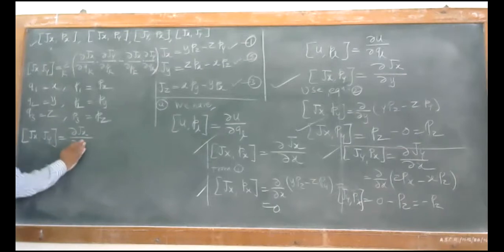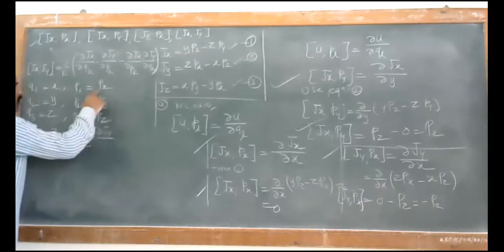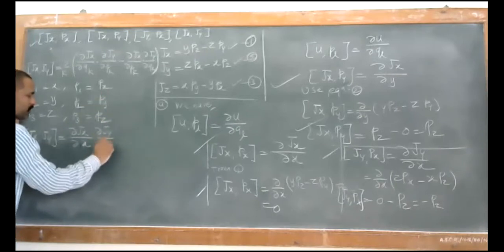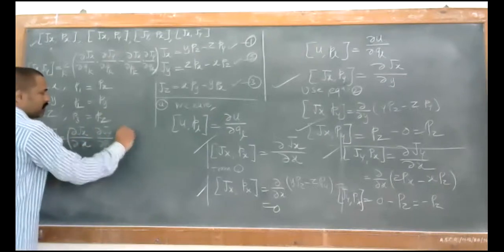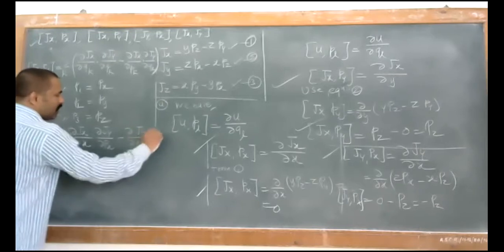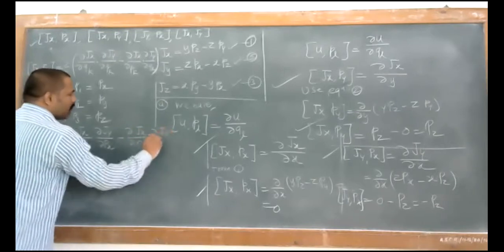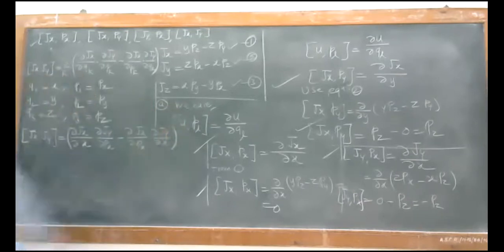So q1 is nothing but x. I'll write here x into ∂Jy, for the first thing this is px, minus ∂Jx/∂px and ∂Jy/∂x. This is the first thing.